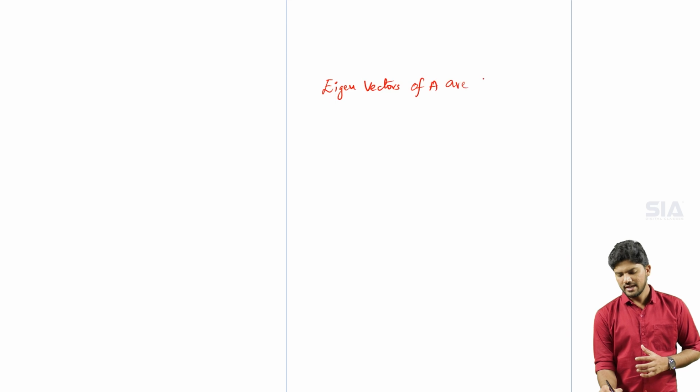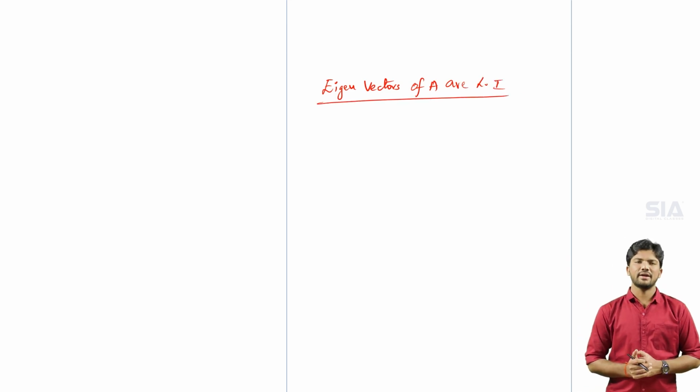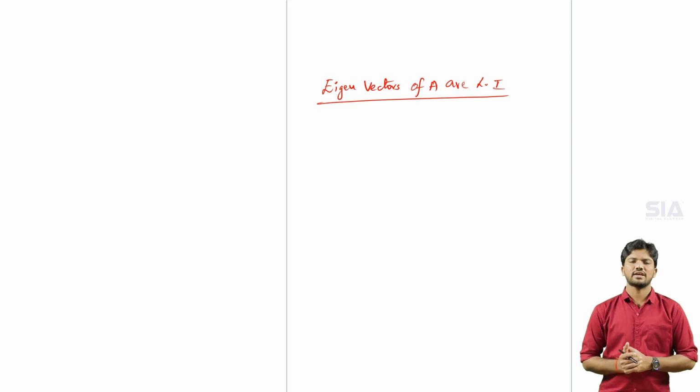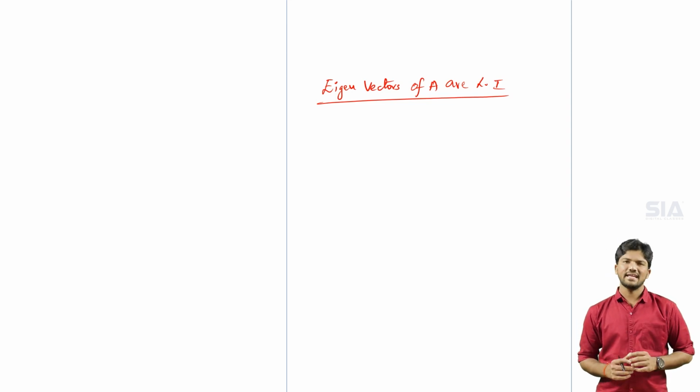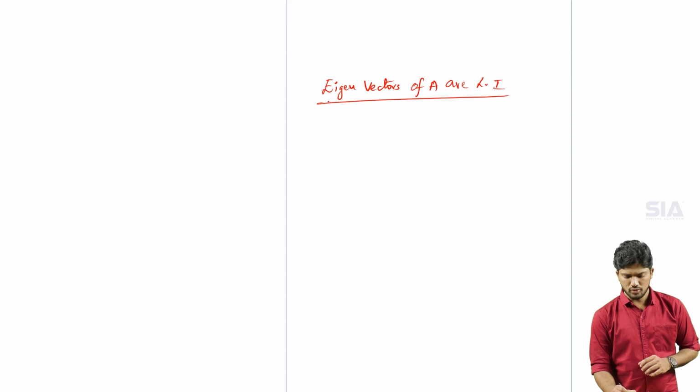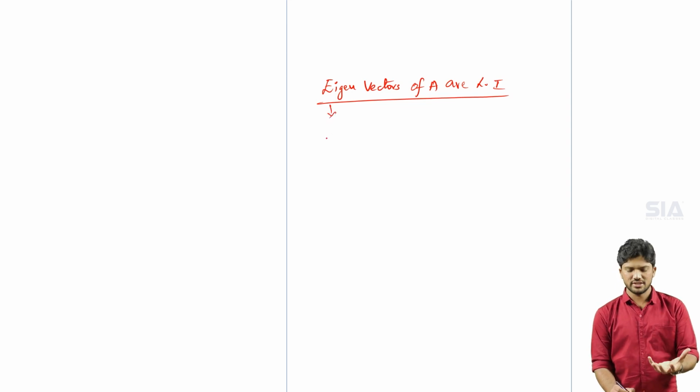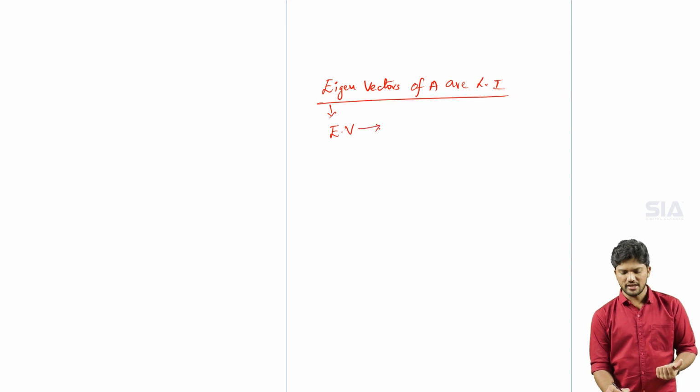So here you can see, in the previous lecture also we discussed that eigenvectors of a matrix capital A are linearly independent. In unit 2, Amma, we discussed this statement as a theorem. To prove this theorem, we assumed that these eigenvectors are linearly dependent.